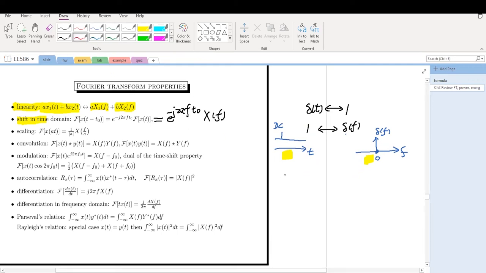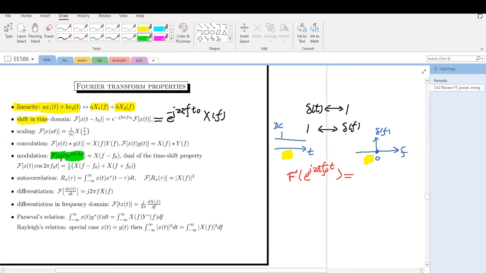For example, we can obtain the Fourier transform of the complex exponential e to the power j 2 pi f naught t. We're going to use the property of the Fourier transform of x(t) multiplied by e to the power j 2 pi f naught t.